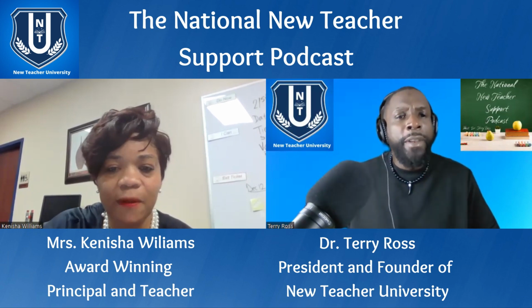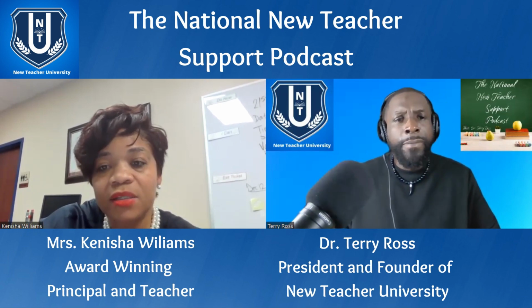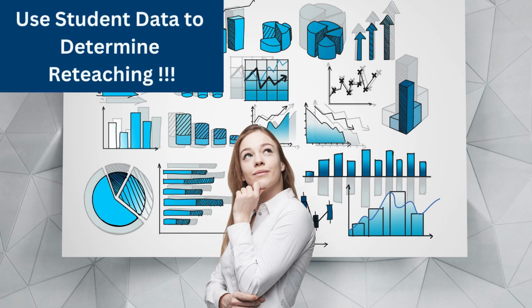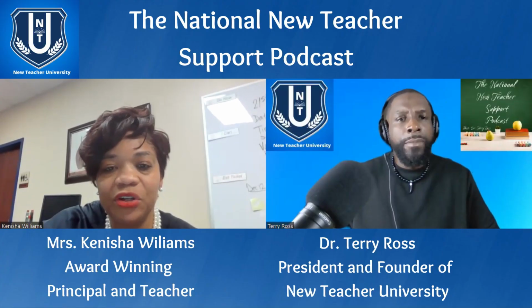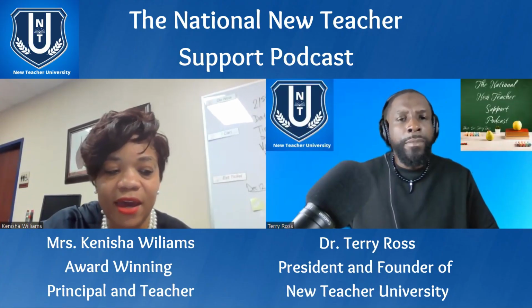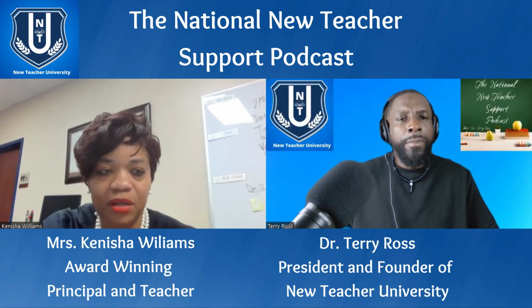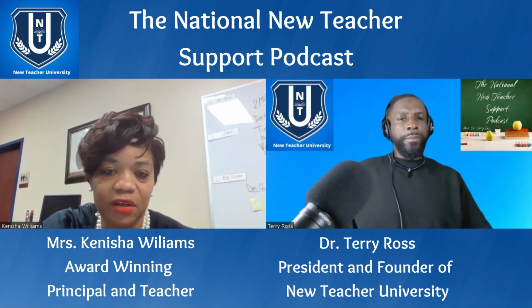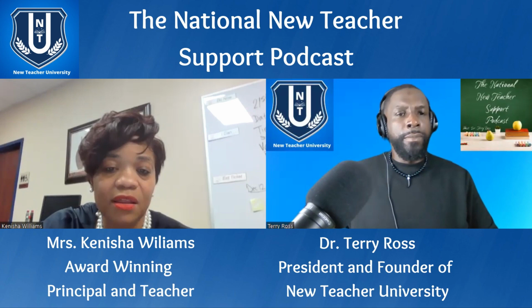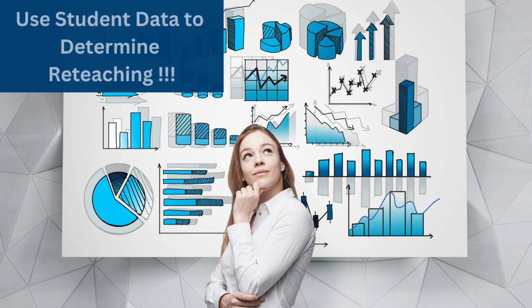And how then do they determine if they need to reteach? That's based on their data. We definitely teach and train our teachers on how to use that data to drive their instruction. If they have given an assignment and a student scores below a 70, then that teacher knows that they need to reteach. Now that reteach could look different because it could be modeled or it could be guided discourse.